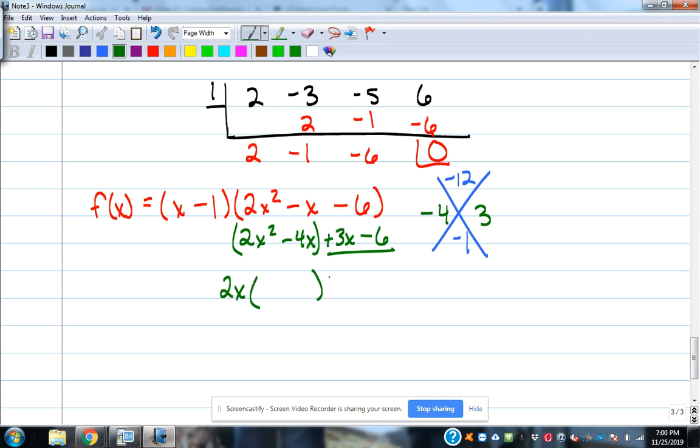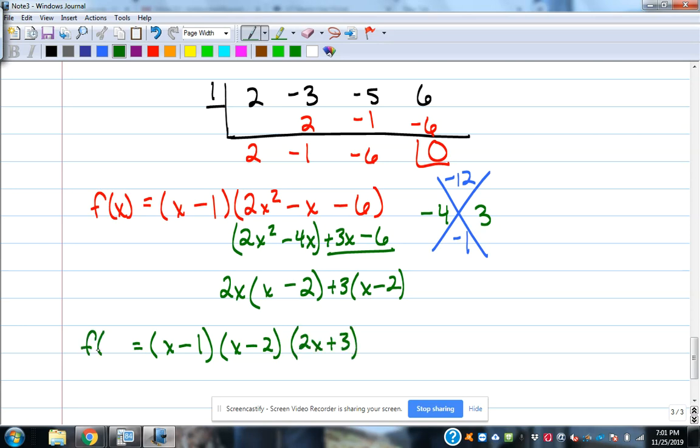And what's that leave in its parentheses? X minus 2. And then what do I pull out of the second pair? Positive 3. And that leaves us x minus 2 in there. So my factors are x minus 1 and then x minus 2 from the matching parentheses. And then the stuff in front was 2x plus 3.